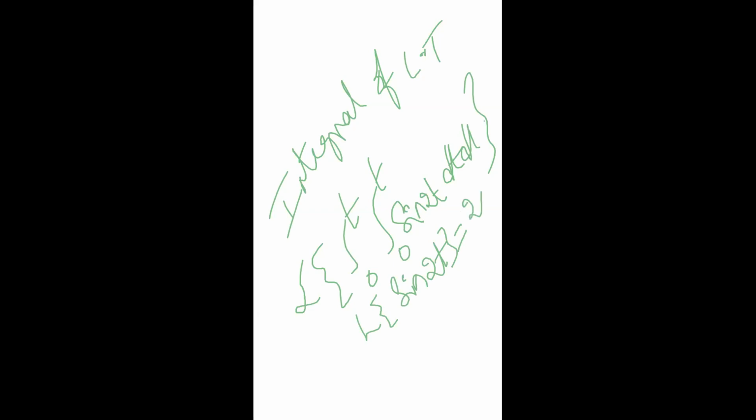L of sin 2t formula is 2 by s square plus 4. And how many integrations are here? Two integrations. So we divide by s two times the given function. So 2 by s square plus 4 is the f bar of s.